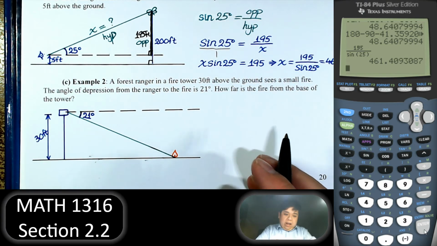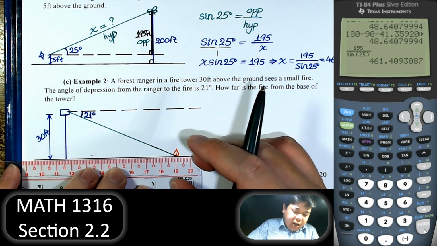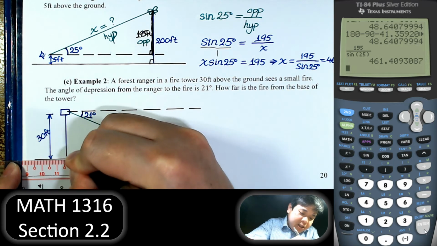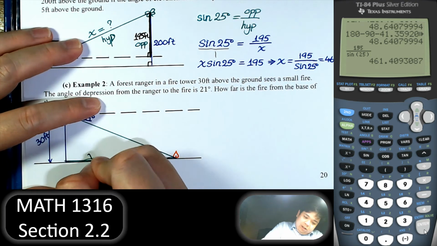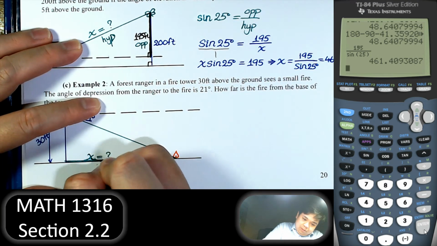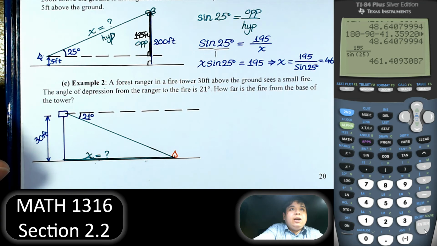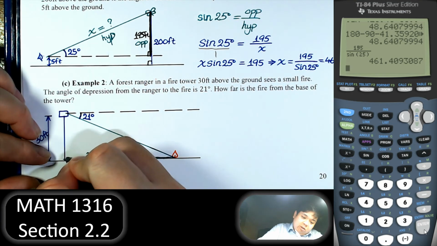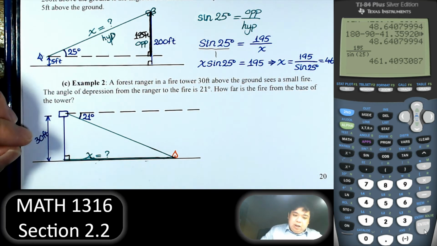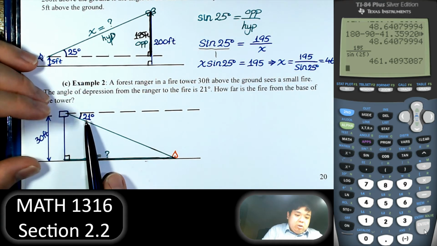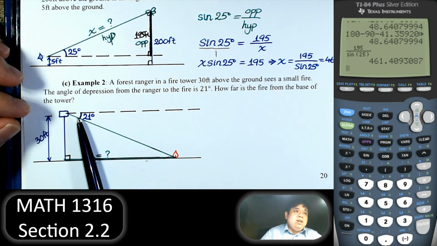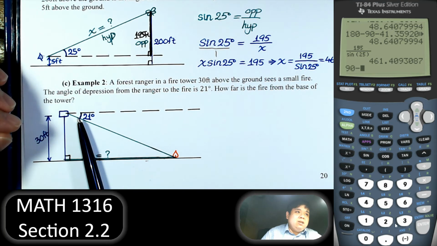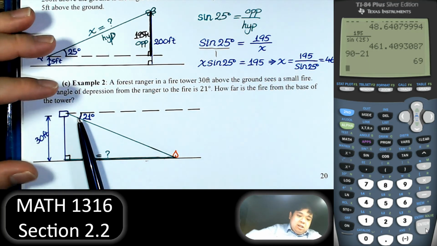So we are asked to find this length. Now once again we will form a right triangle. If this one is 21 degrees, this adds up to 90 degrees. So 90 minus 21, 69 degrees.